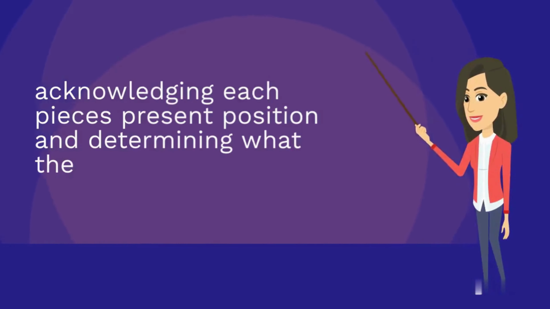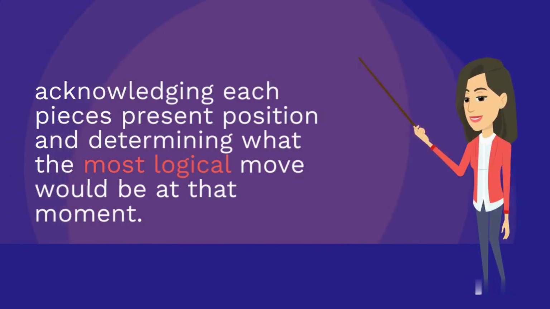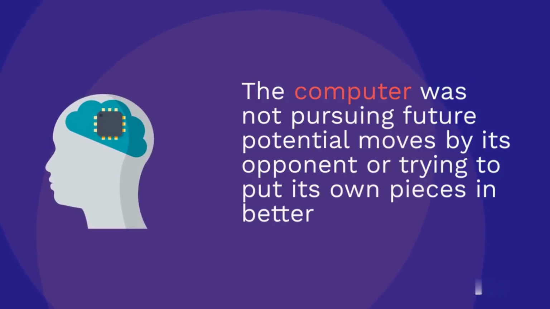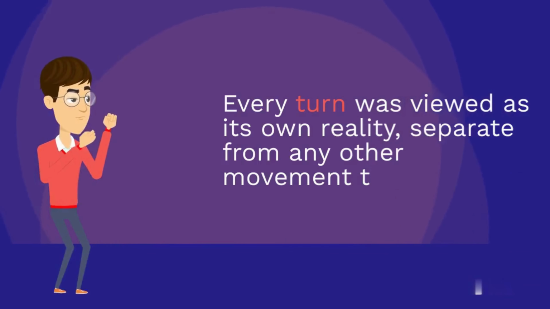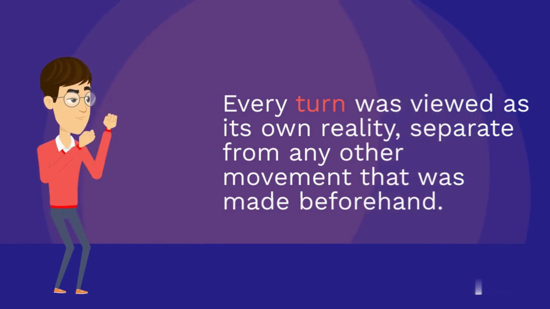Acknowledging each piece's present position and determining what the most logical move would be at that moment. The computer was not pursuing future potential moves by its opponent or trying to put its own pieces in better position. Every turn was viewed as its own reality, separate from any other movement that was made beforehand.